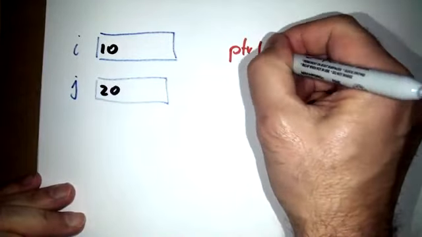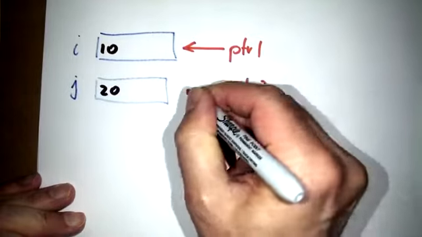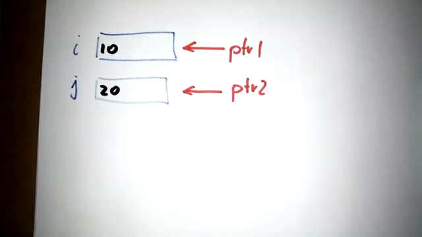And then we have two pointers, pointer 1 and pointer 2, which at the beginning get the address of i and j respectively. So this is what happens in line 7 and 8.